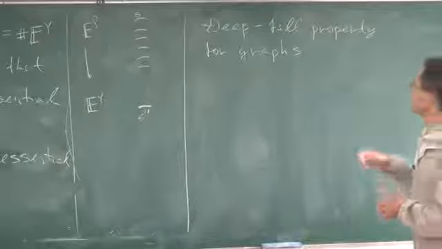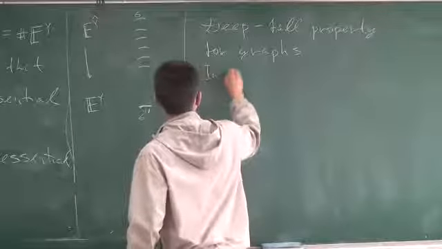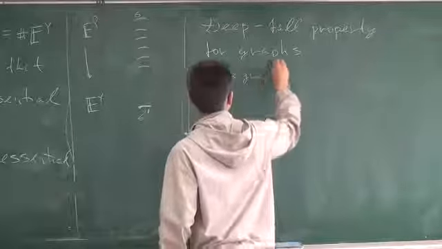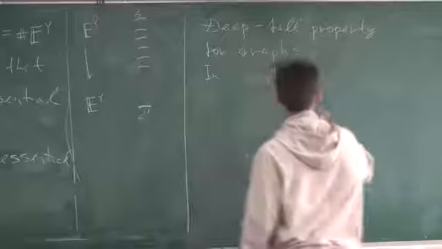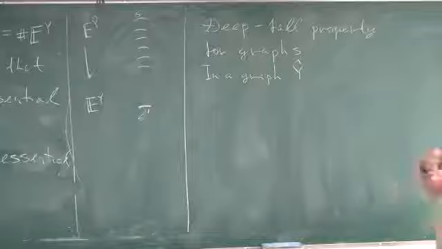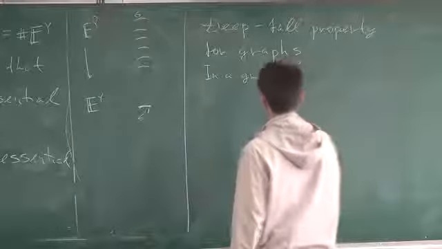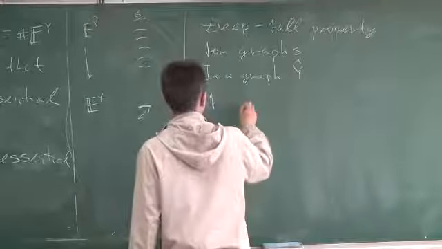The deep fall property says that in a graph y hat, as before, meaning it's a graph with a group action and the edges are ordered, and the order is preserved under the group action.